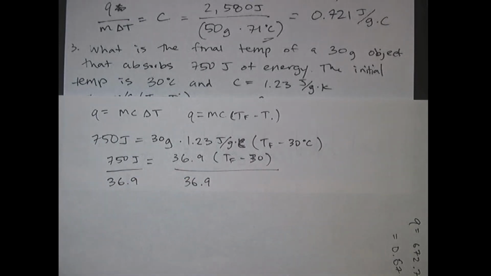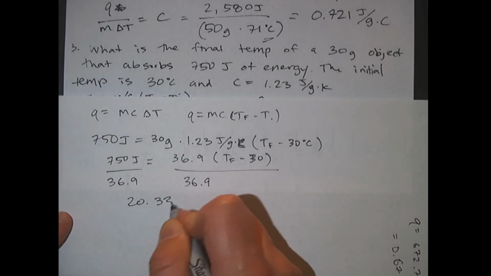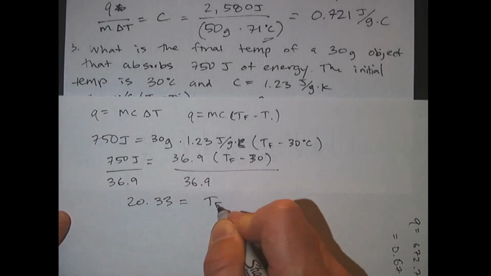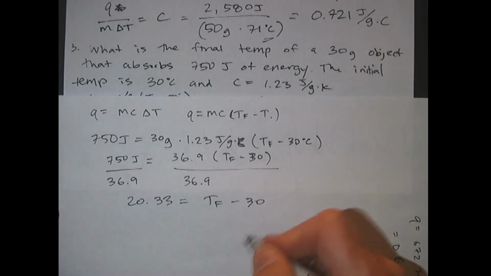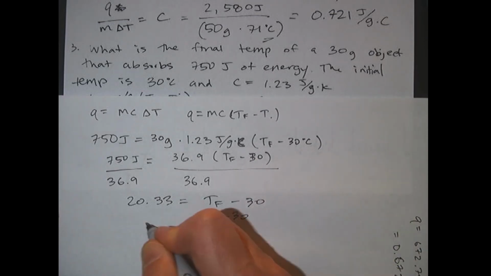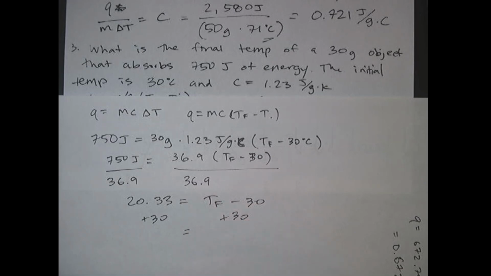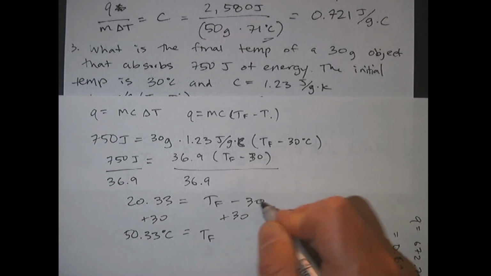So 750 divided by 36.9 is 20.33 equals final temp minus 30. And then you want to get final temp by itself, so you add 30 to both sides. And you get 50.33 degrees Celsius is your final temp.